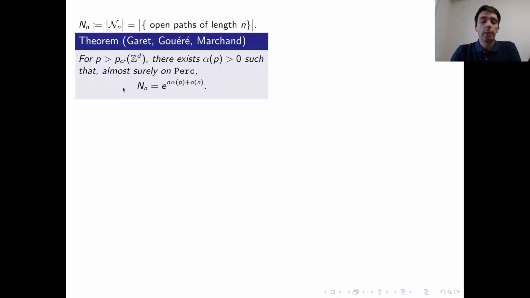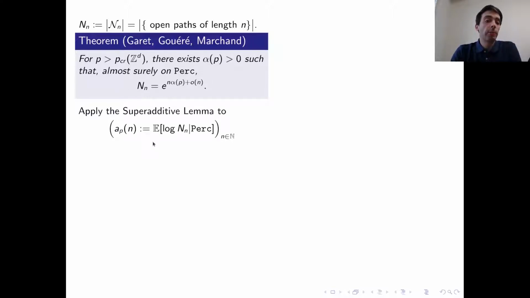Now one word about the proof, and here you want to consider the following approximating sequence. You take the number of open paths of length n, then take its logarithm and integrate over the environment. And this is an approximating sequence that you can then apply the super-additive lemma to. Here there is a complication in that we also need to condition on the event of percolation.